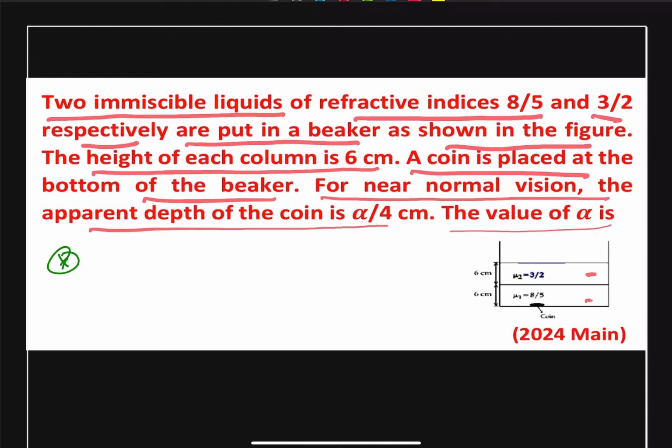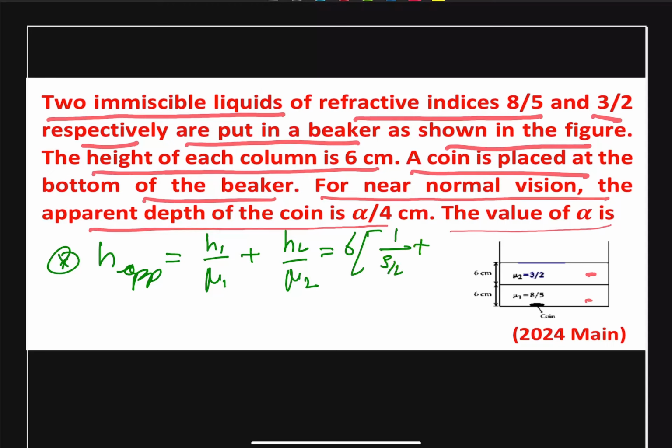We can say that height apparent will be equal to h1 upon its refractive index mu1 plus h2 upon its refractive index mu2. Height is given the same in both the cases, so we can write this as 1 upon 3/2 plus 1 upon 8/5.